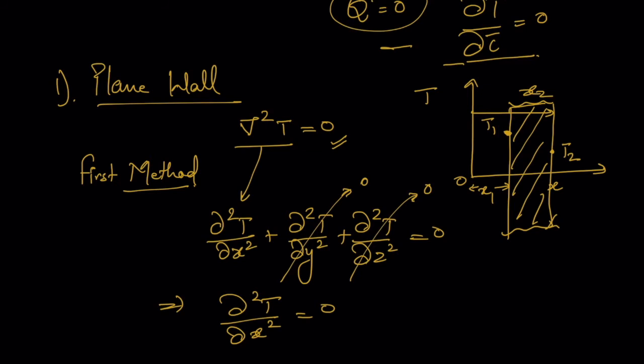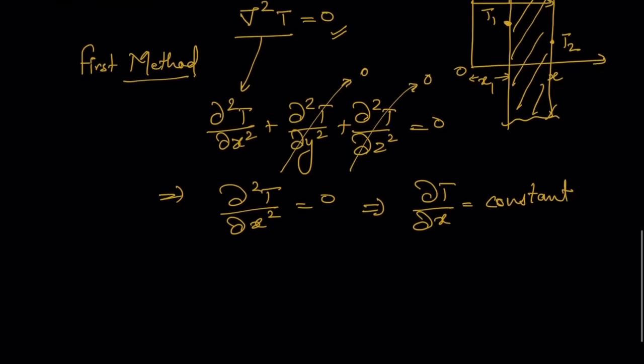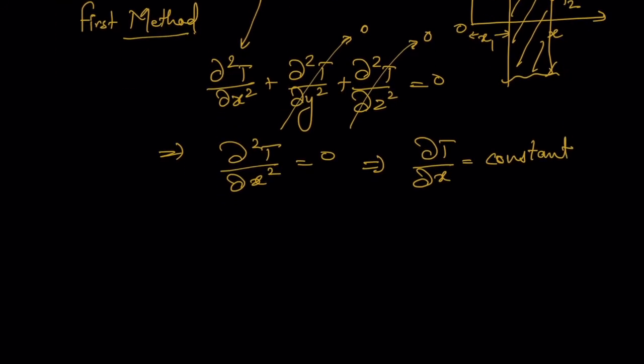So if this is equal to 0, that means del T by del x is constant, right? If you know the differential calculus, it will be coming like del T by del x is equal to constant. So suppose that constant is c. Del T by del x is c.